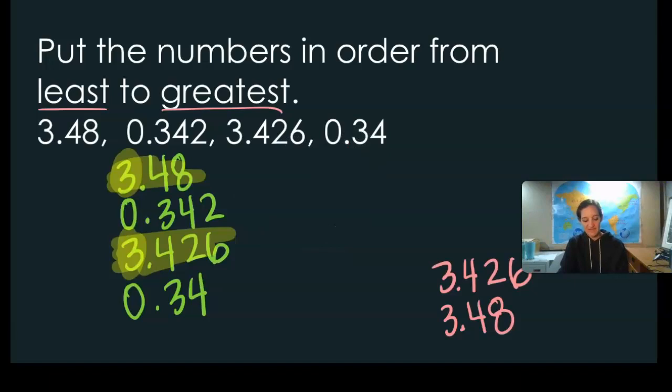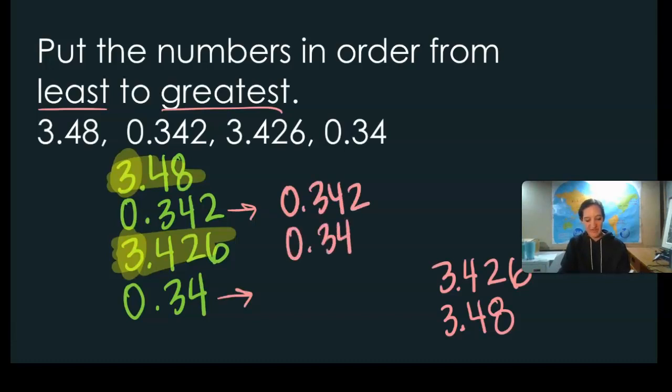I am left with these two numbers right here. And let's line them up a little bit more, one on top of the other, so we can compare it. It looks like both of these don't have any whole numbers. They both have 3 dimes, 3 tenths, and they both have 4 hundredths, or 4 pennies.